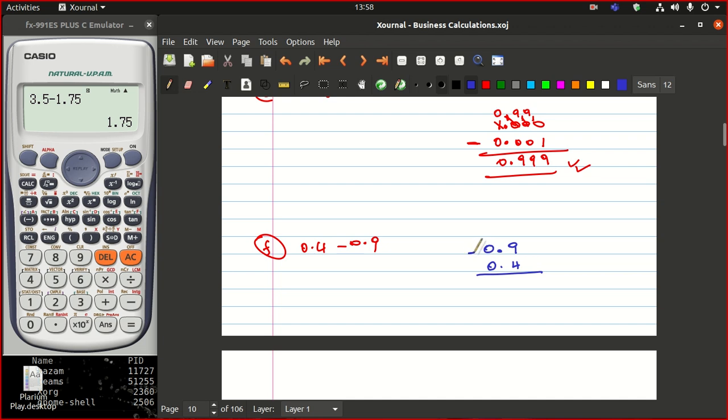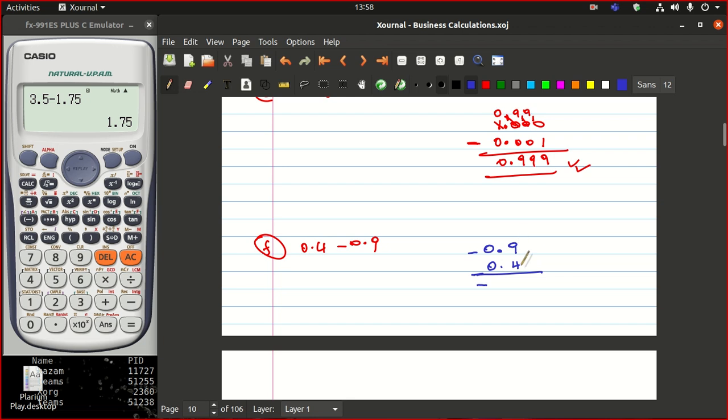Here I have a minus, and there was no minus there. Because this number is bigger than that number, whatever you are going to get here is going to be a negative. And then if it is a negative, then we are fine.